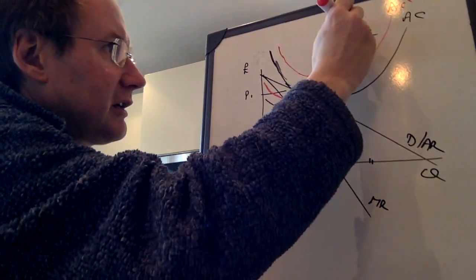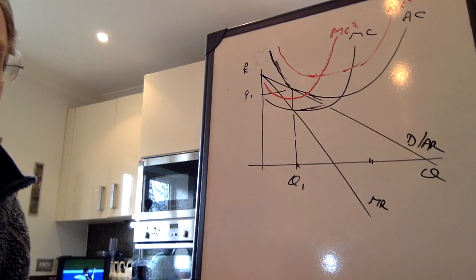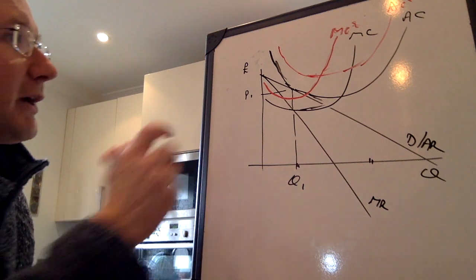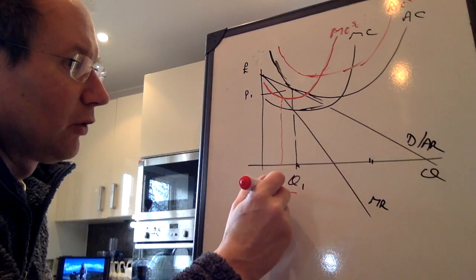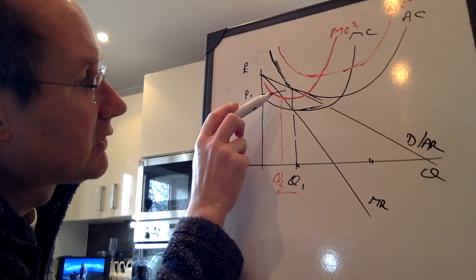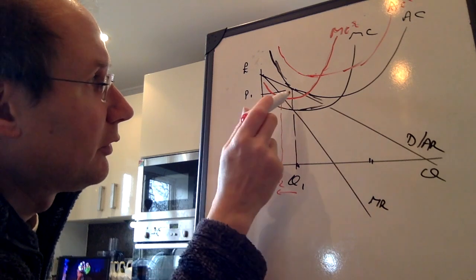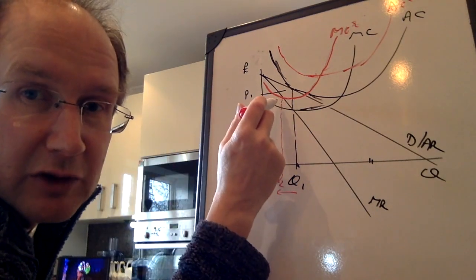So there's MC2. Where is the profit maximising output now? What's happened is that the profit maximising output has fallen, from Q1 to Q2, where MC equals MR. If you stayed at the original output, MC would be above MR for those units, and it would be reducing profit.